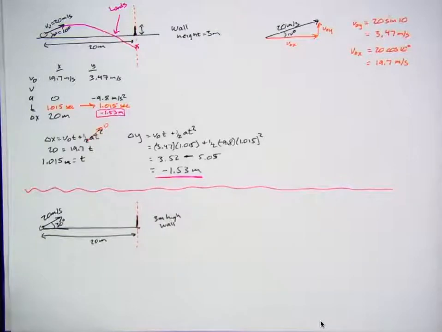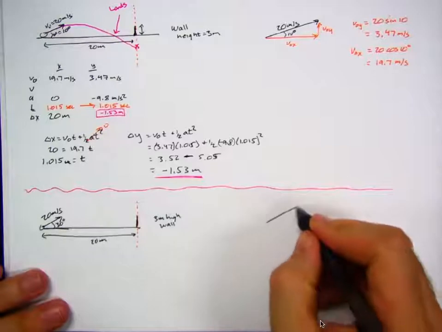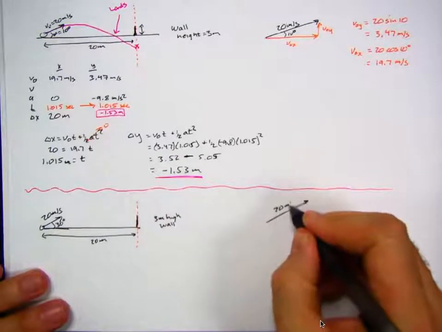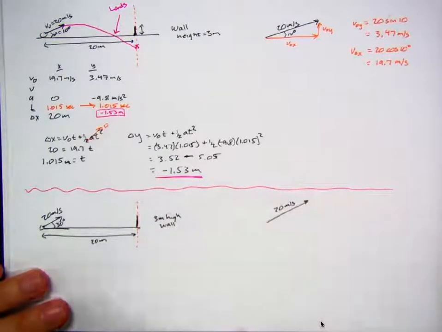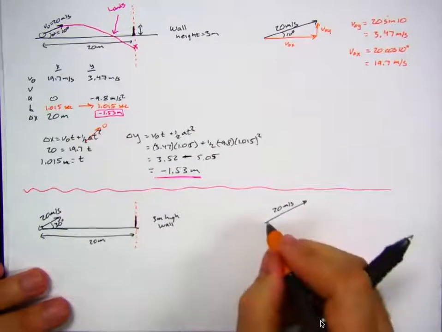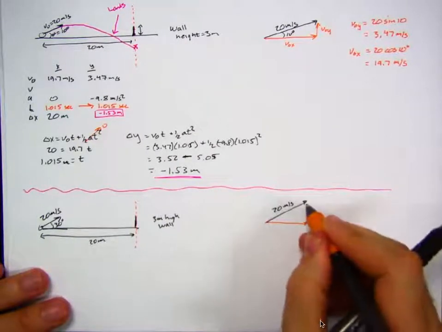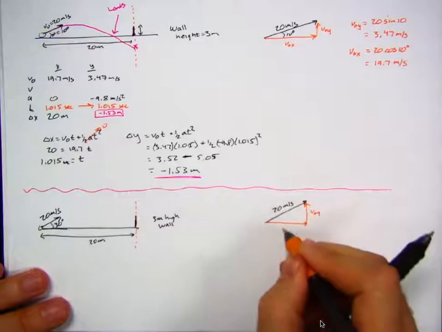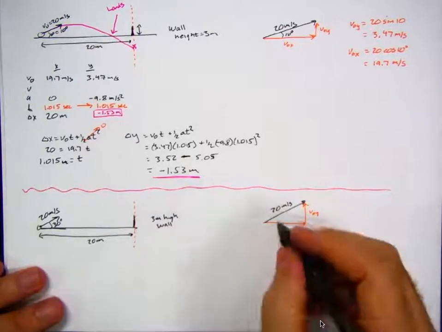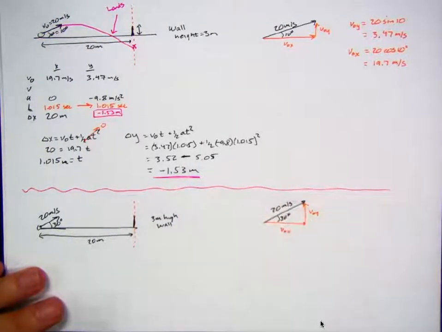So what changed? Our initial parameters changed. Now we have 20 meters per second, and we have an angle of 30 degrees instead of 10 degrees.